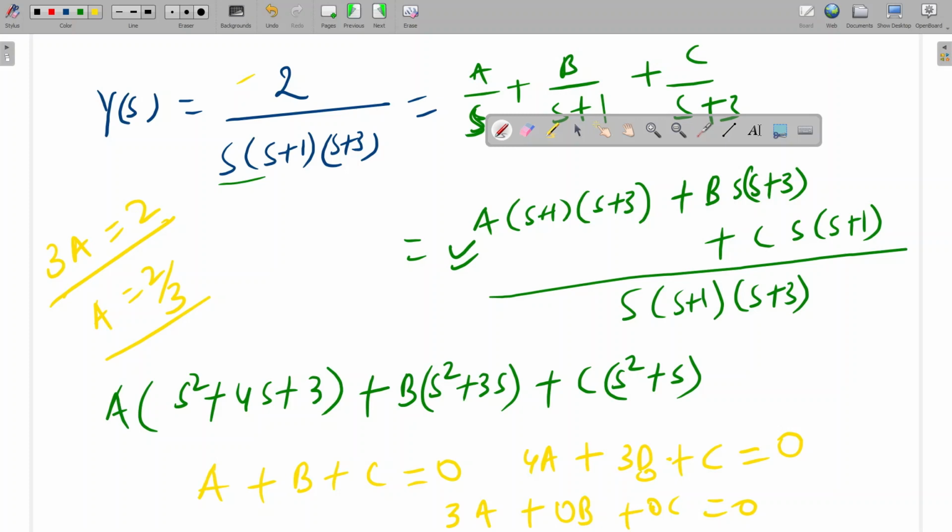A we got 2 by 3. So from A plus B plus C, B plus C will be minus 2 by 3, and from the other equation, 3B plus C is equal to minus 8 by 3. Is it correct?